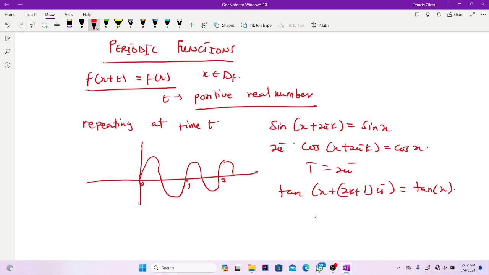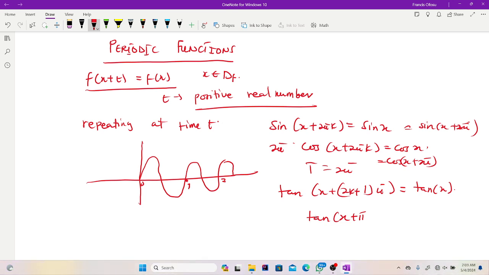So for just a single cycle, this is the same as sine of x plus 2 pi, then this becomes cos of x plus 2 pi. So cos of x plus 2 pi will give us cos x. Then tan of x plus pi, because when k is 1, you are going to get 2 times 1 plus 1.